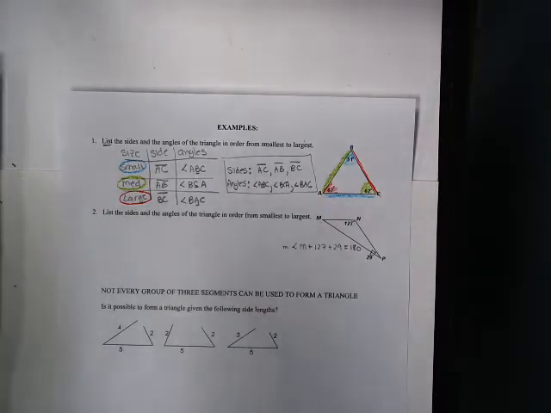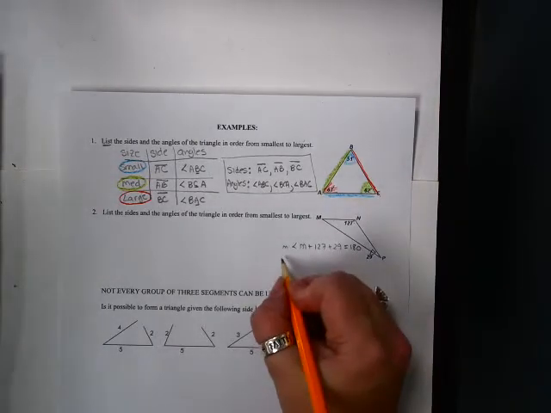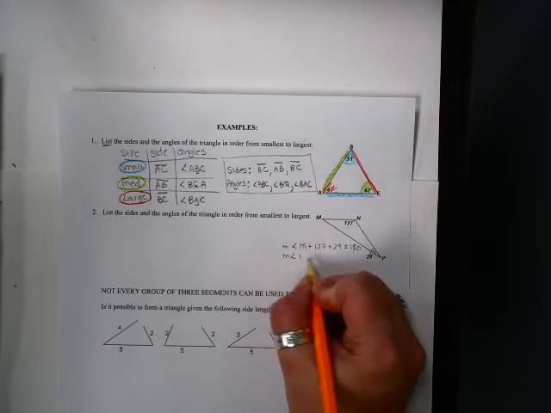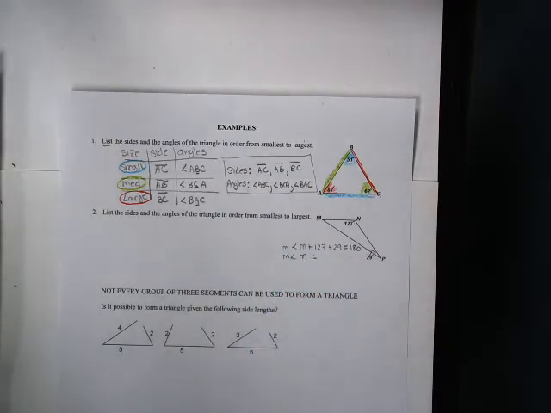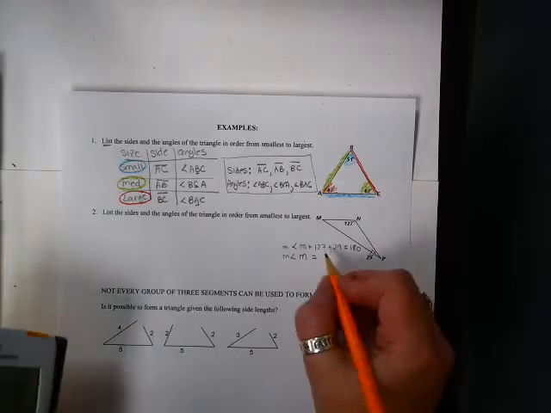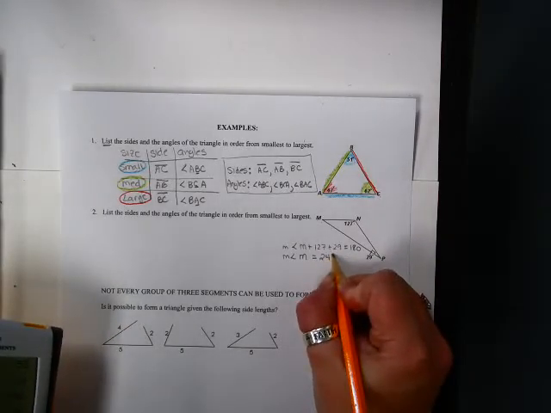When you plug that into your calculator, you will discover that the measure of angle M is equal to, let's see, 127 plus 29 gives me 156, and 180 take away 156 gives me 24 degrees.